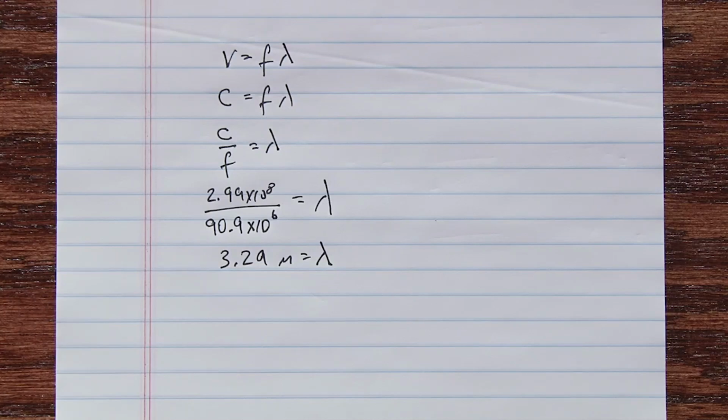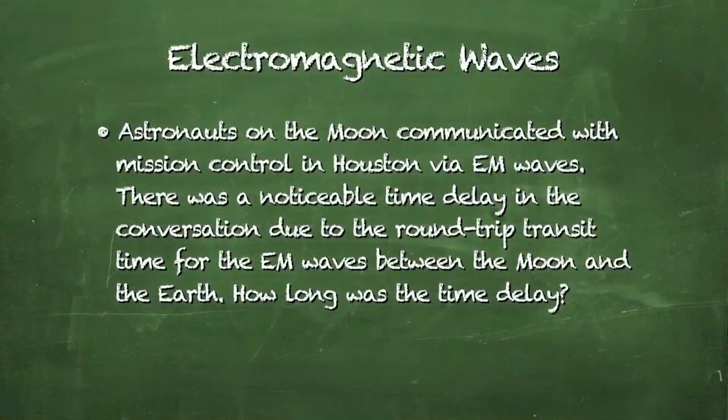Another question. Astronauts on the moon communicated with mission control in Houston via electromagnetic waves, radio waves. There was a noticeable time delay in the conversation due to the round-trip transit time for the electromagnetic waves between the moon and the Earth.